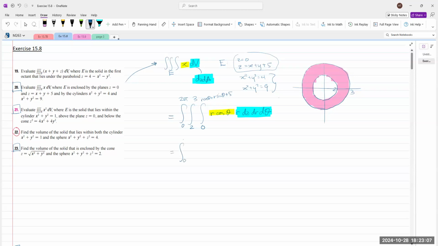Now this will be the integral from 0 to 2 pi, integral from 2 to 3, of r squared cosine theta times r cosine theta plus r sine theta plus 5, dr d theta.